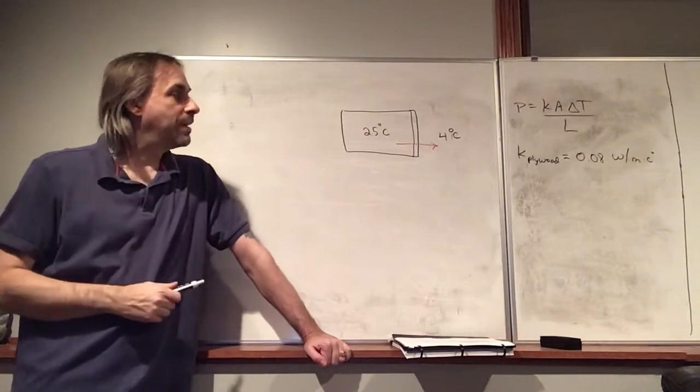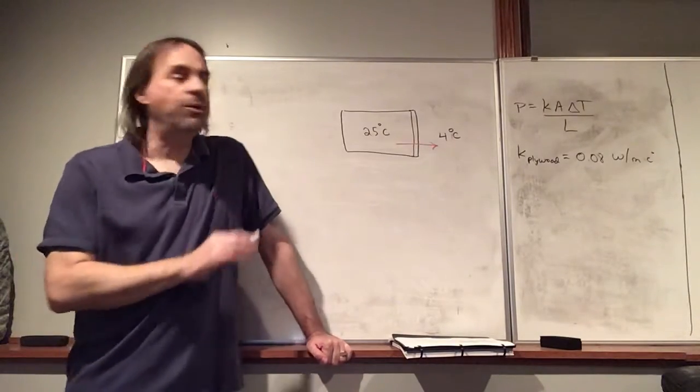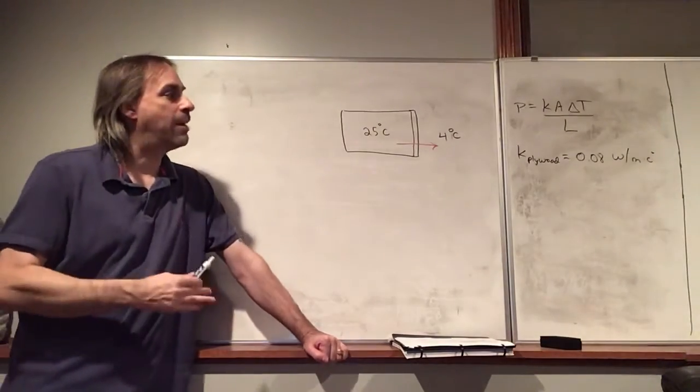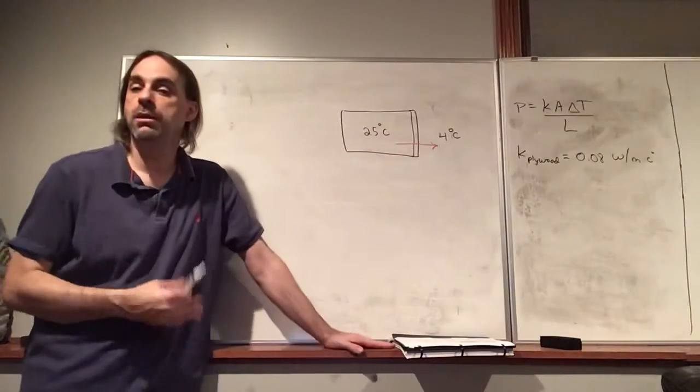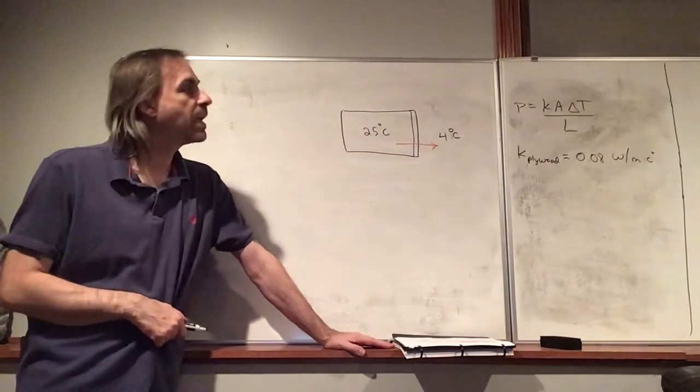That's the thermal conductivity. And now let's look at the equation. We also need to know the area and the length. We have delta T. That's 21 Celsius degrees.